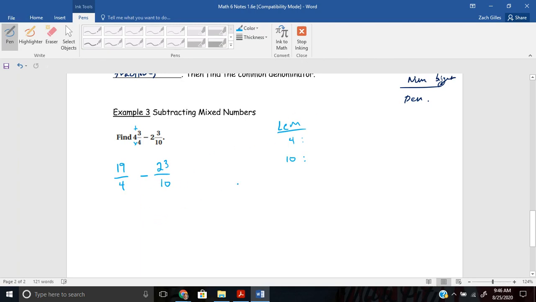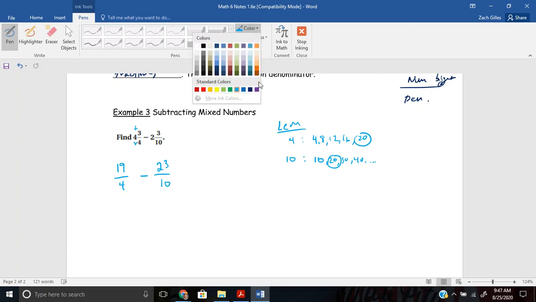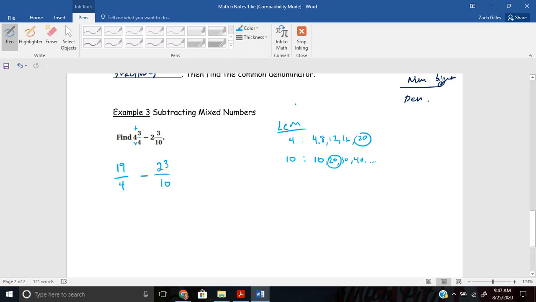And then that will be our common denominator. So multiples of 10: 10, 20, 30, 40, and so on. Multiples of 4: 4, 8, 12, 16, 20. Oh, I found it. 20 is my least common multiple. So, in other words, I'm going to rewrite both of these fractions into 20ths.